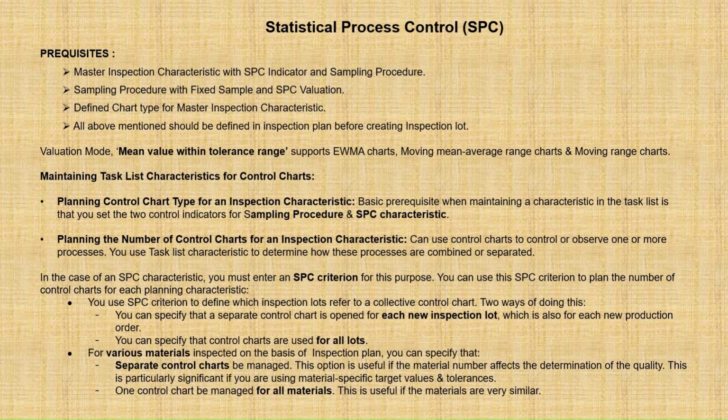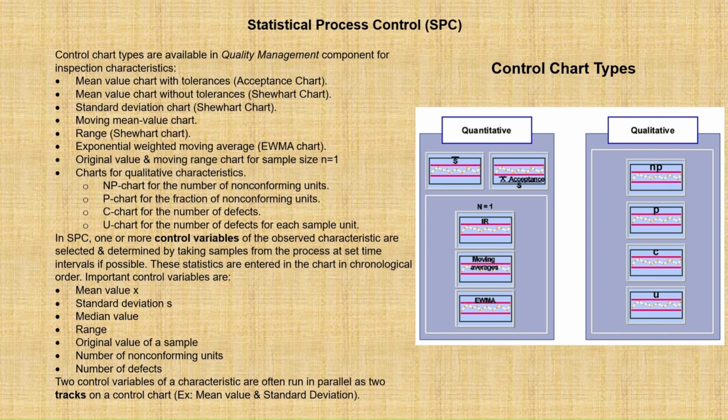Few prerequisites are there. The MIC is either a qualitative MIC or a quantitative MIC. A chart can be drawn for both. To use this SPC, even the sampling procedure should be checked, because both need to be checked.